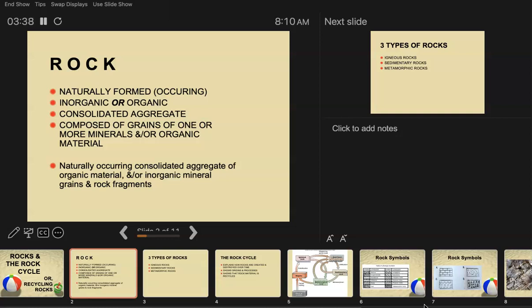Inorganic and here's the big difference, organic. There are some organic rocks out there, okay? There are some. You'll see them in lab class. Consolidated aggregate, and comprised of grains of one or more minerals and or organic material.